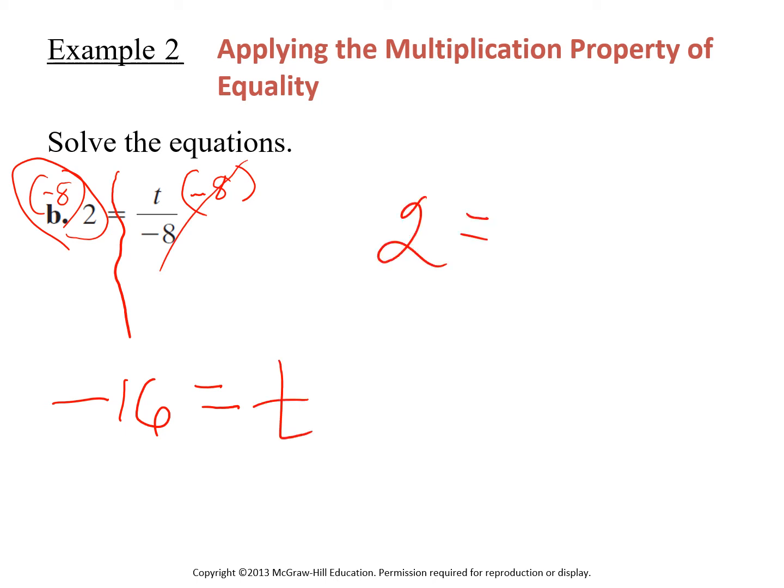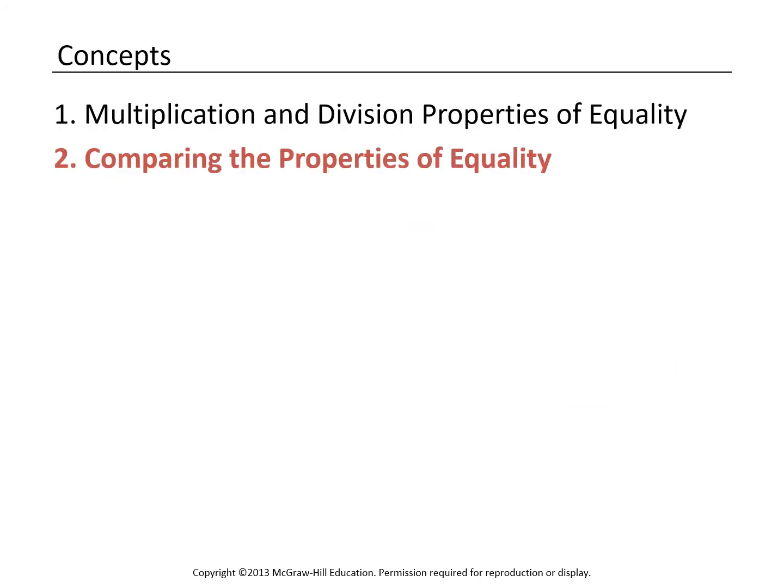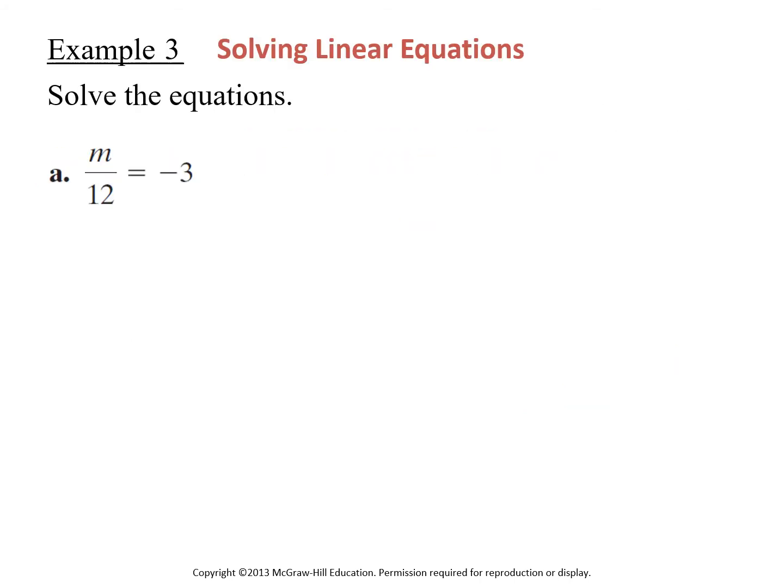So I'll check that solution by substituting negative 16 in for t and get a balanced statement. Okay, so here we have m divided by 12 equals negative 3. So since they divide by 12, I'll multiply by 12, and m equals negative 36.